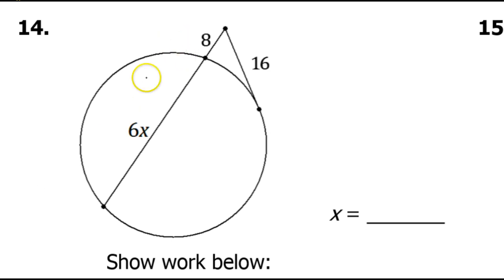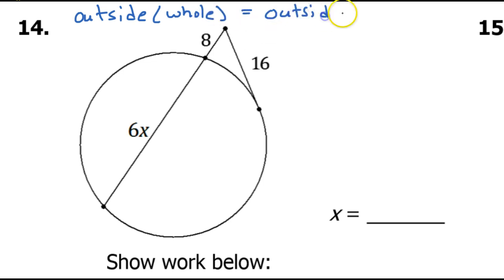Okay, so when you have these secant segments that meet outside the circle, we have found that the relationship is the outside times the whole is equal to the outside times the whole thing.